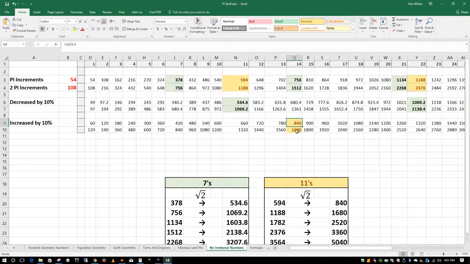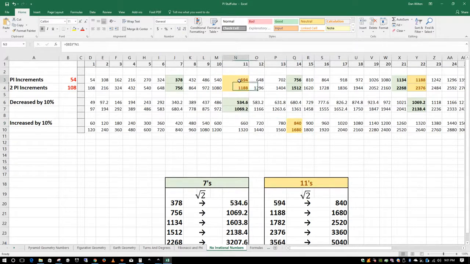And what this allowed me to do was find the square root of 2 for the 11s. So for example, 594, the square root of 2 of that is 840. And if you notice, it falls in the 14 range. So the square root of 2 value and the pi values, or the 7s and the 11s, kind of swap places. When you increase and decrease the set of numbers by 10%, you get the square root of 2.